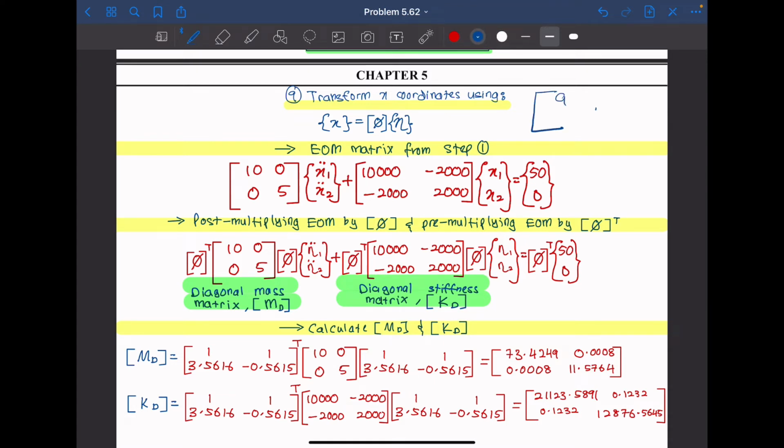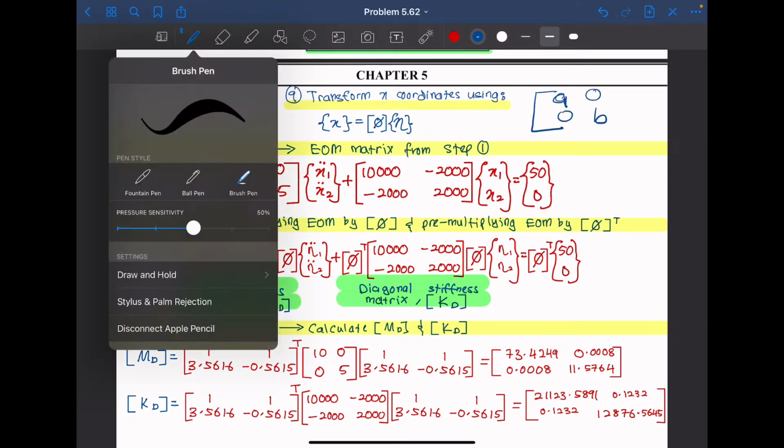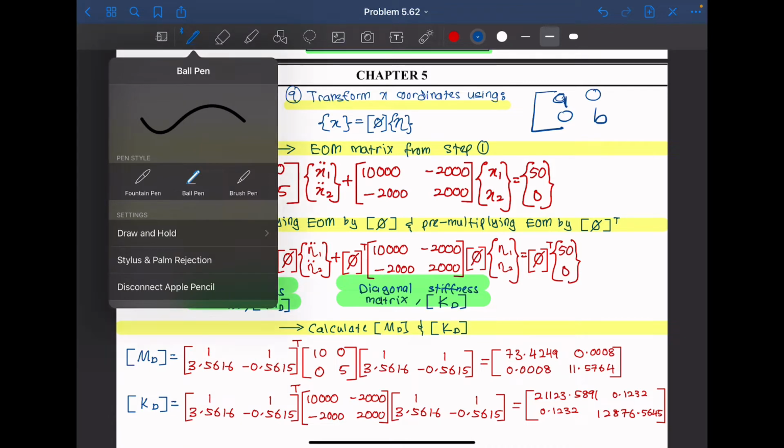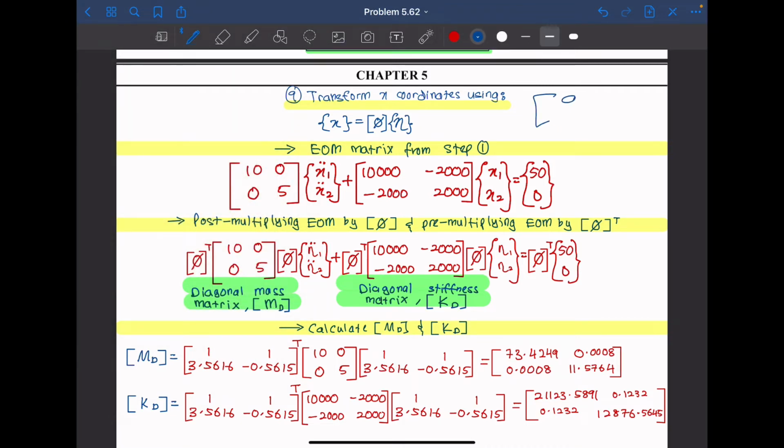Let's say this is A, this is B, and this is 0, 0. So as you can see, the values in this matrix are on the diagonal. Other than this main diagonal line, the values that are not situated on this diagonal line are 0. So this is what we call a diagonal matrix.